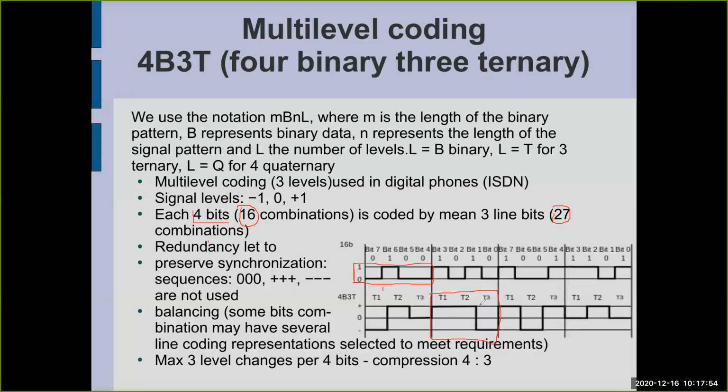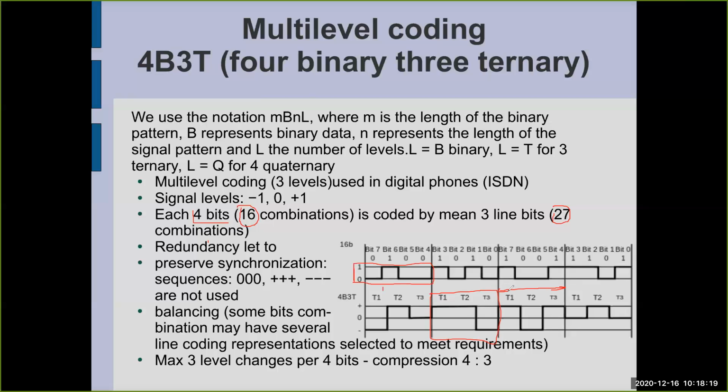In this case, I can ensure that a level change will be observed at least 1 time per 3 bits. So for every packet here, at least 1 level change will be observed.